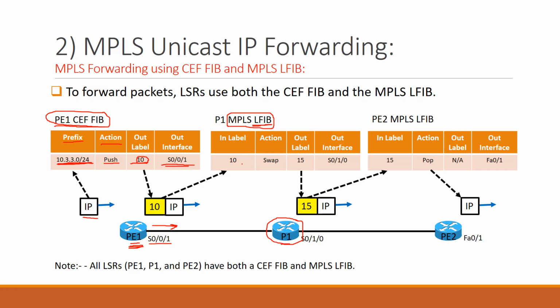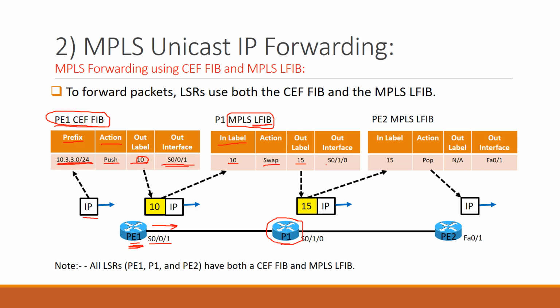What does this table have? It says in label. So when you receive a packet with an MPLS header, and in this MPLS header a label 10, take this action: swap. Swap what? Swap the label. So what is the new value of the label? 15. What should I do?